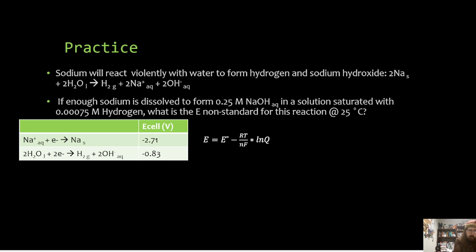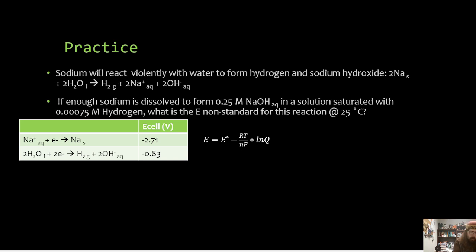And I have the Na plus plus electron goes to Na solid, negative 2.71, and I have the water, 2 waters plus 2 electrons goes to H2 and 2 OH minus, and that's negative 0.83.